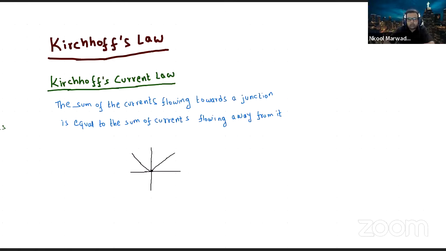So point A. Now let us suppose I have some incoming currents, I5, I4, and some outgoing currents.